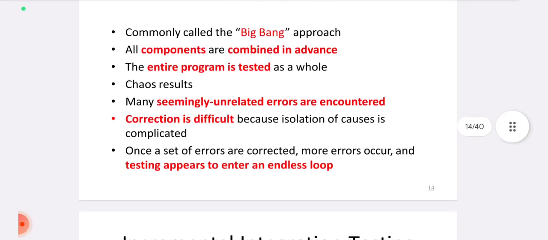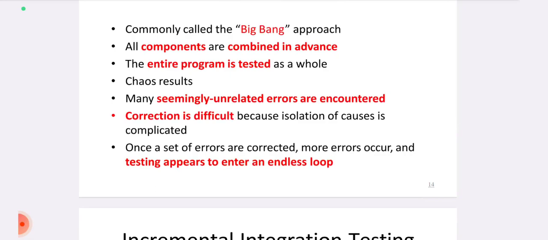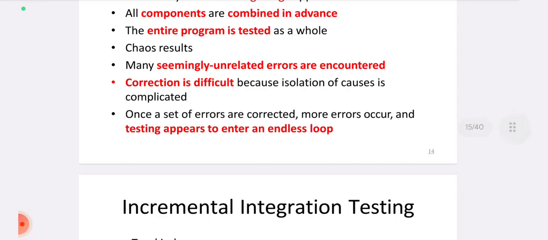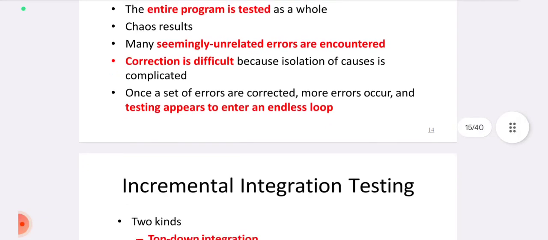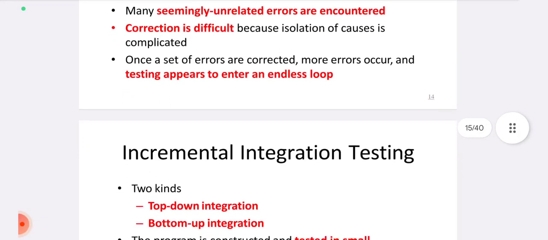So here the problem is that we may not know where the error actually originates. The origin of the error cannot be identified accurately. That is the difficulty here. When we do not know the origin of the error, it is difficult to find or correct the error. So it seems to be an endless loop.